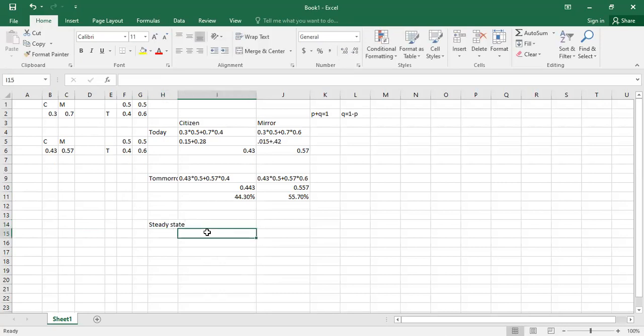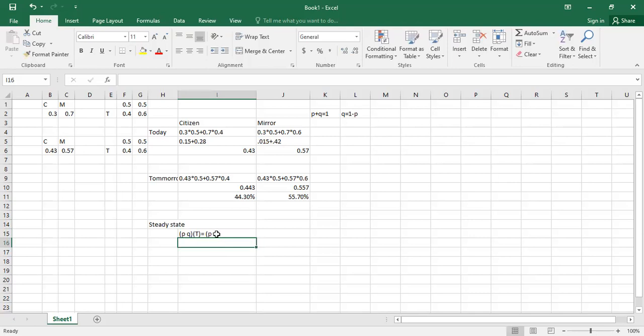So we are working on a situation where our initial condition, which is PQ, if we multiply it by our transition matrix, we'll be able to get that steady state. So this is the PQ.